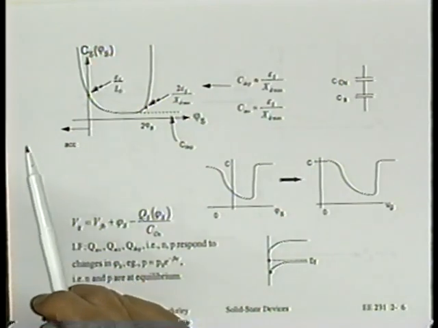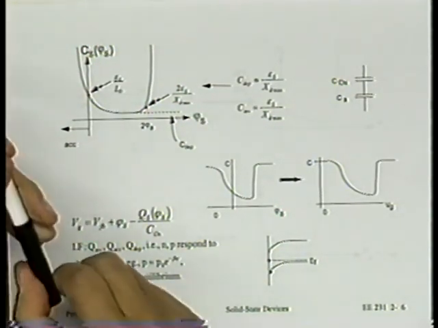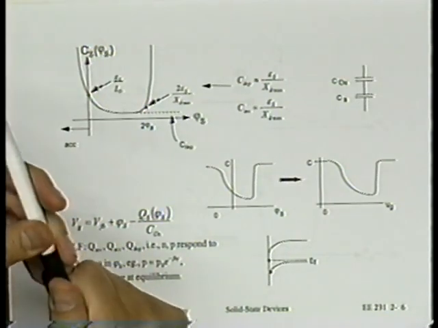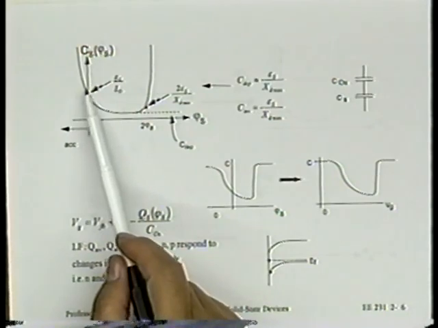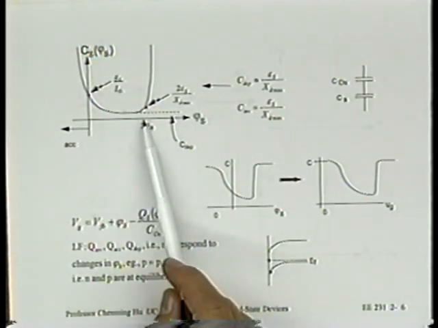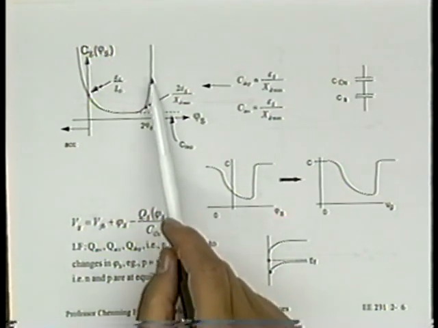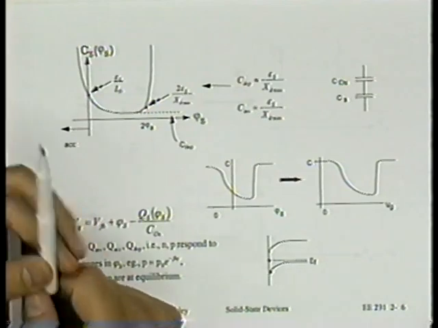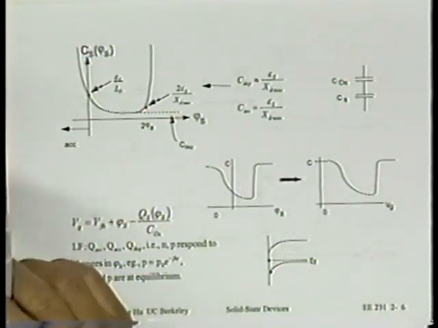In fact, later we'll see roughly how thick it is; it turns out to be about 15 angstroms, even in very strong accumulation. So CS just increases rapidly. Similarly, beyond VT, beyond 2 phi B, CS increases rapidly because the inversion layer is contributing a very large CS.